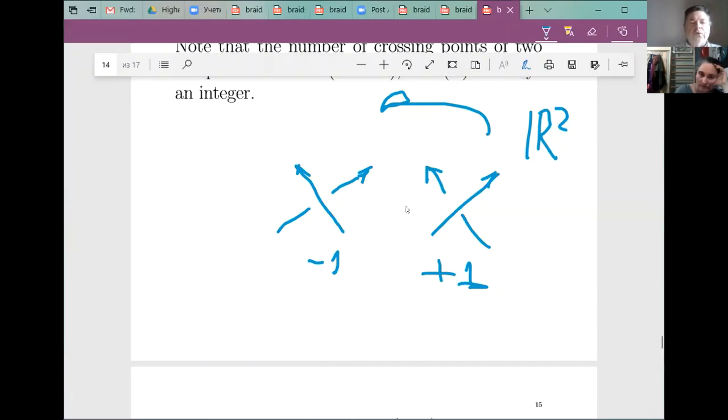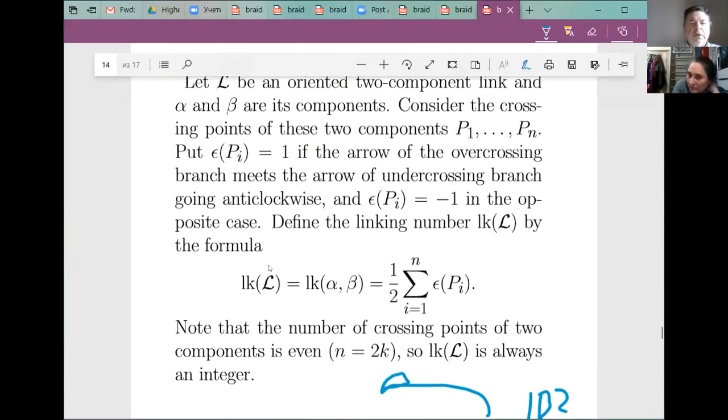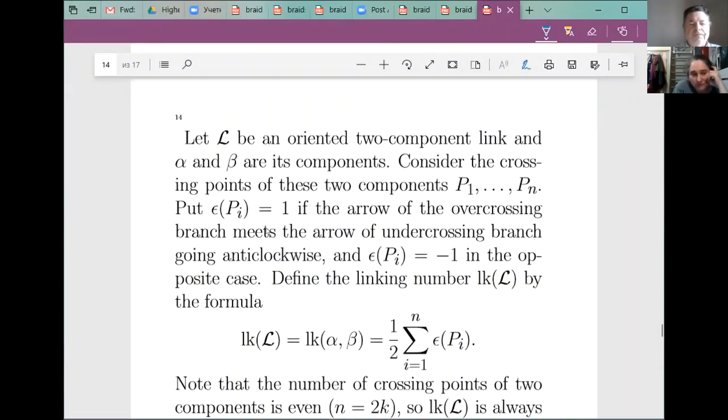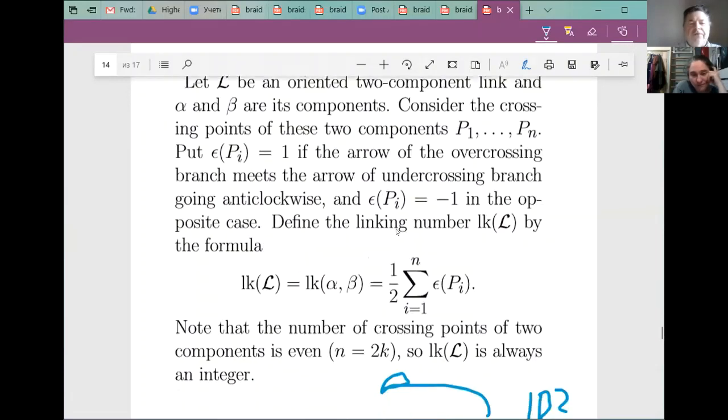So you have your knot, you have your knot diagram, right? Yes. And you have the following conventions.